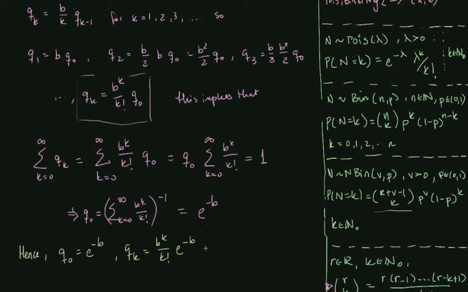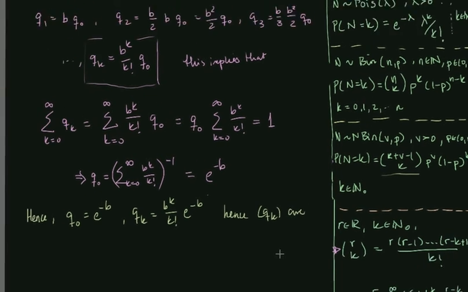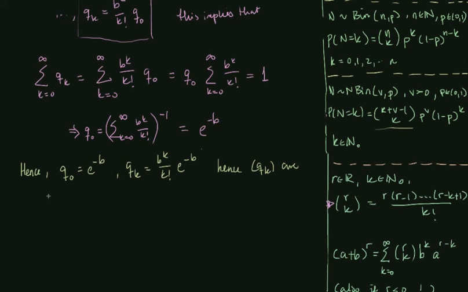And we recognize this very clearly as the Poisson distribution. So hence, the qk are the point probabilities in the Poisson distribution with specifically parameter b.